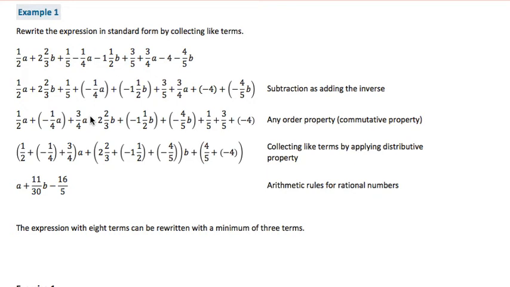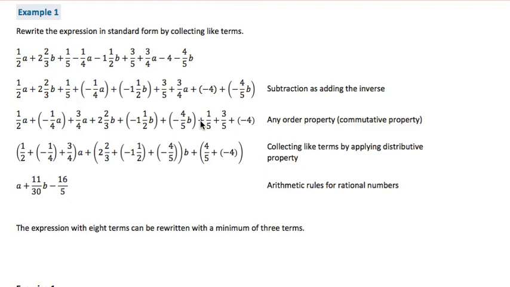And we'll put those all together because then we can group them using the associative property. Then we'll group together all the b terms, 2 2/3 b, plus negative 1 1/2 b, plus negative 4/5 b. And again, we'll be able to group them together using the associative property.